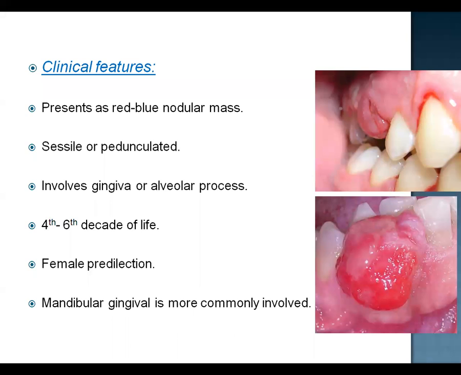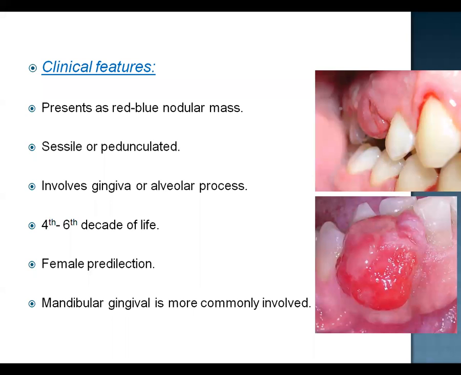The color of the lesion is very important, whereas fibroma has the same color as the adjacent normal tissue. Here in peripheral giant cell granuloma, it is a red-blue nodular mass, sessile or pedunculated, involving gingiva or alveolar process, in the 4th to 6th decade of life, with female predilection, and the mandibular gingiva is more commonly involved.